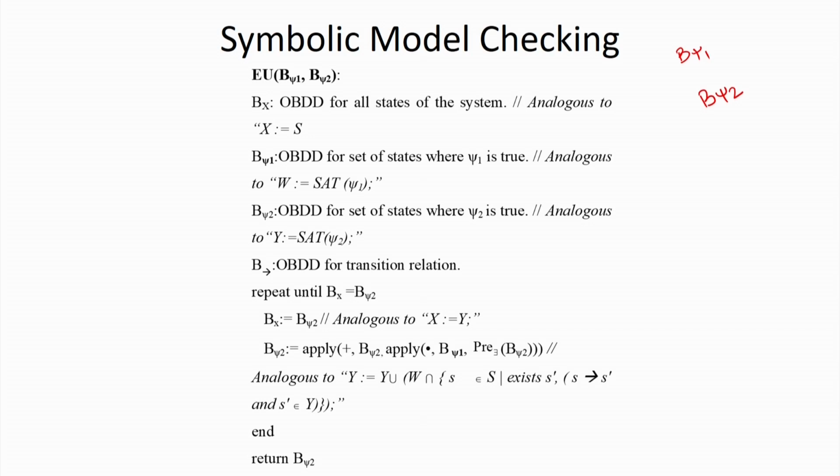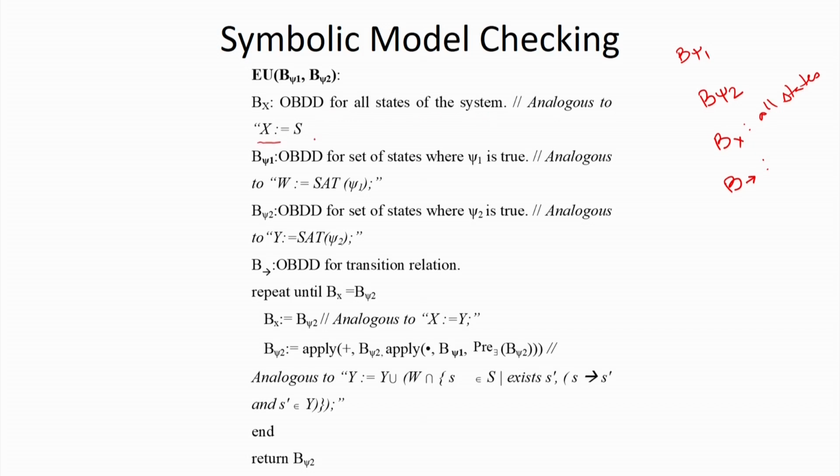Then we take another BDD Bx, which is the BDD representation of all states, and B arrow is the BDD representation of the transition system. Now, all those 4 BDDs must have compatible variable ordering, then only can we perform the operation.